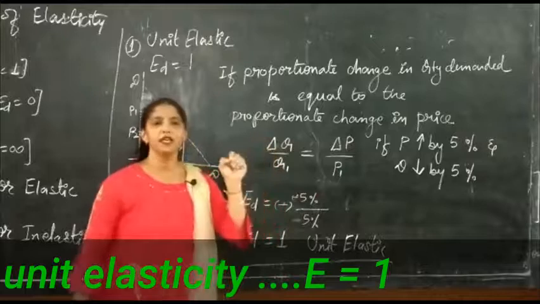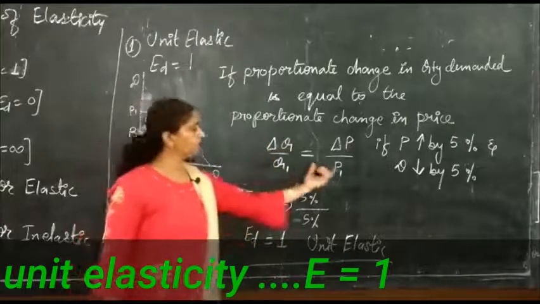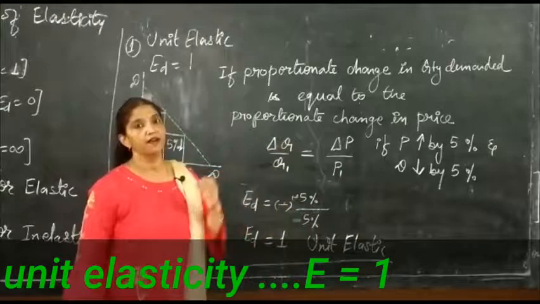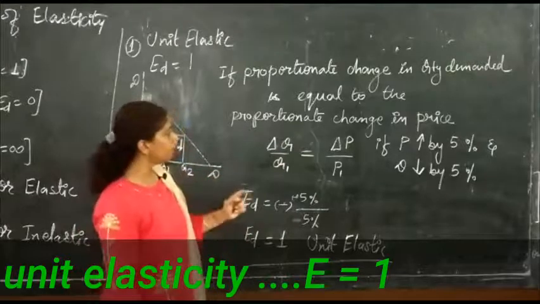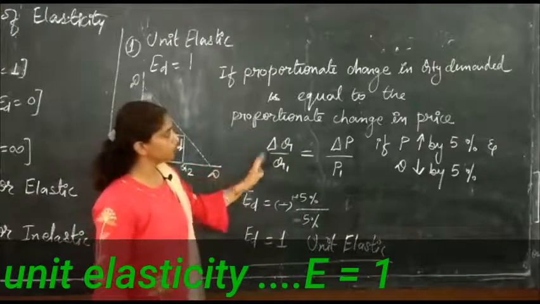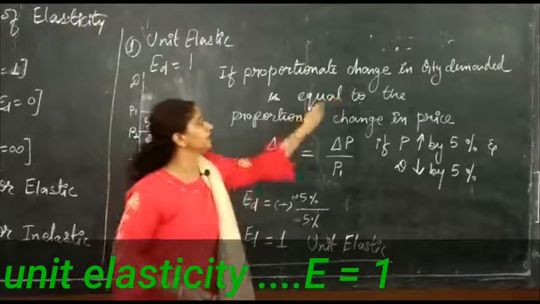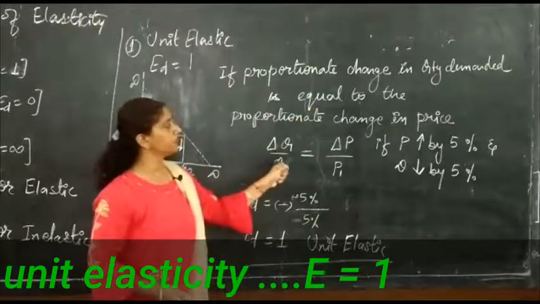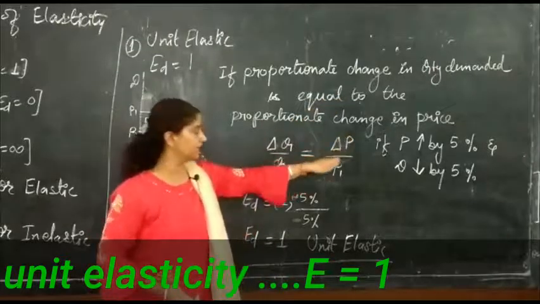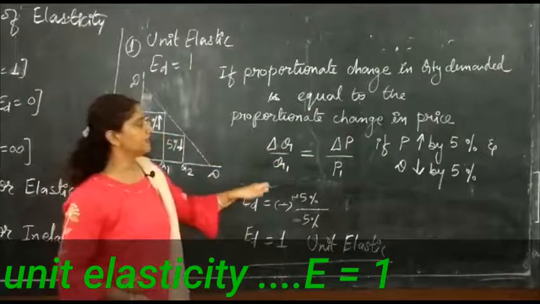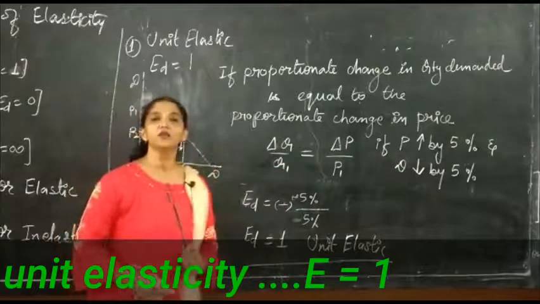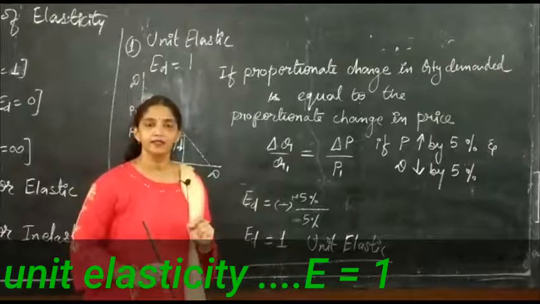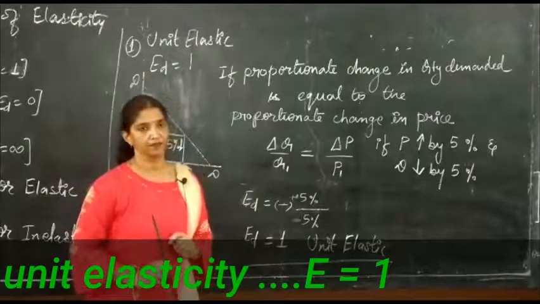If in any condition both of these changes are equal, it means if proportionate change in quantity demanded is equal to the proportionate change in price of a commodity, in that condition we can say the elasticity is equal to 1 and is called unit elastic.